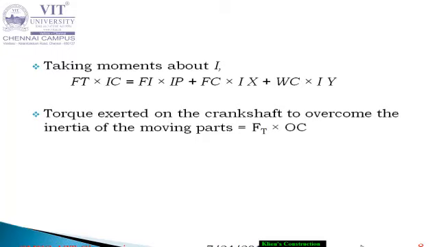Now this is the formula to find out the component Ft. Ft you can calculate. Ft is the required component because Ft into the perpendicular distance gives the torque acting on the crankshaft. That is our aim. So Ft you have to calculate. So other values you can find out. So Ft into the perpendicular distance IC.